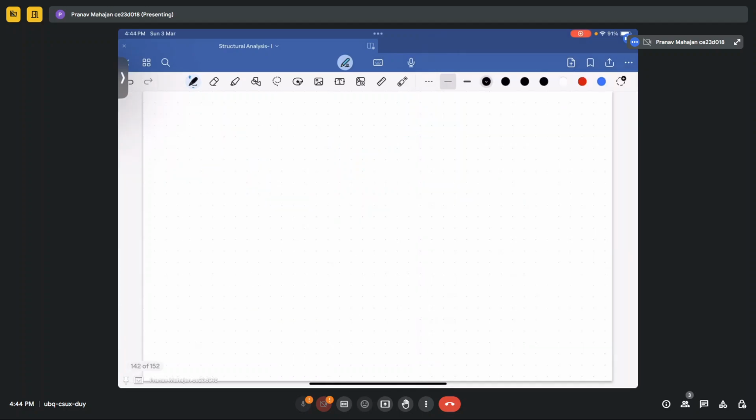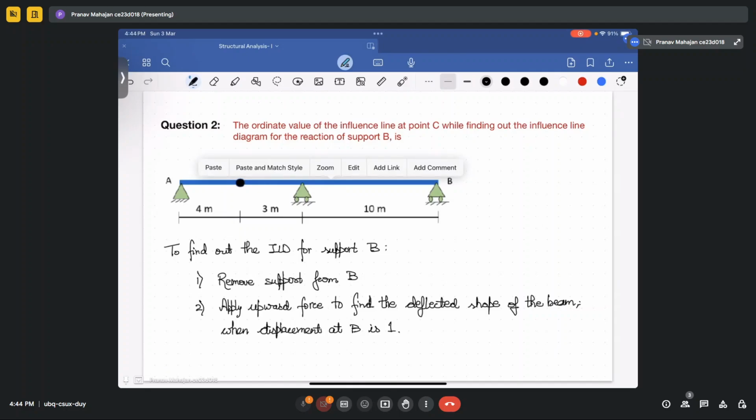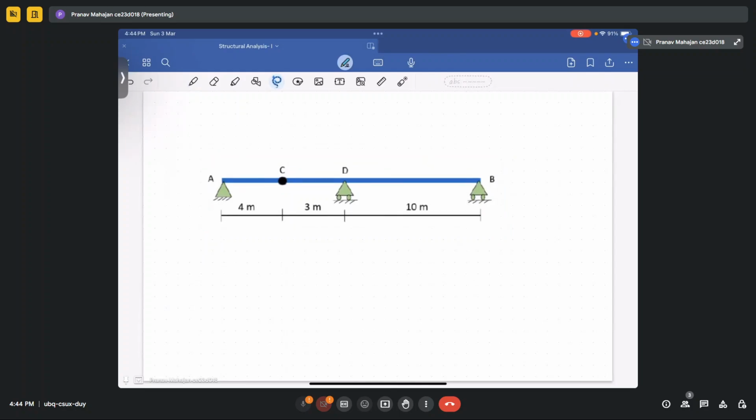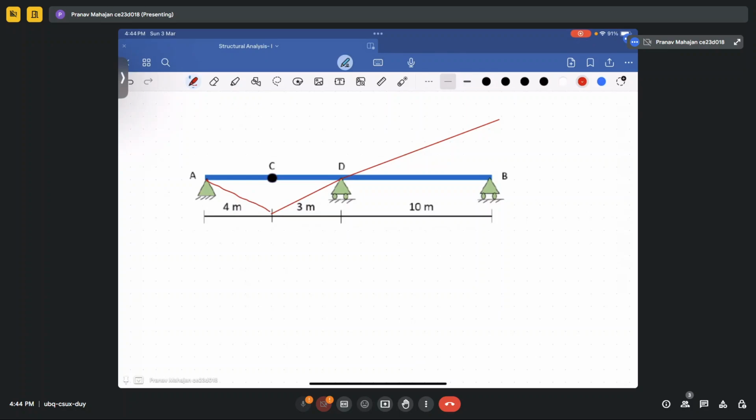I will copy the same diagram. If I remove this member and apply a unit deflection, now at point B there cannot be any deflection, and it will continue the same till point C. Then at point C, since it is a hinge joint, it will move like this, and this is your final ILD when a unit displacement is provided to support B.